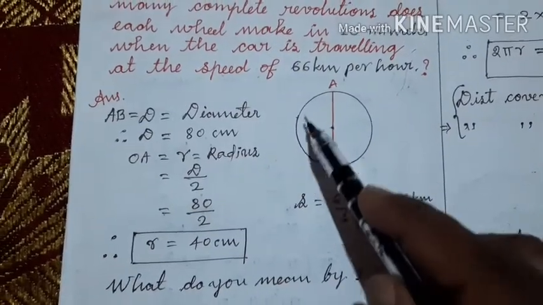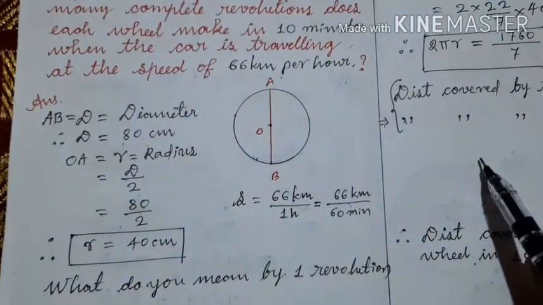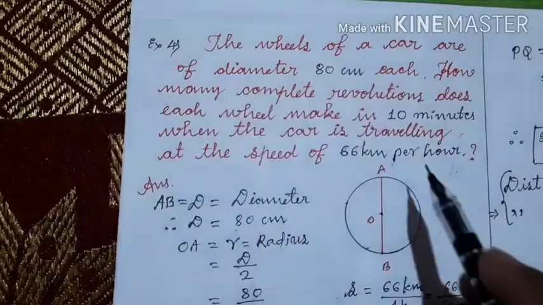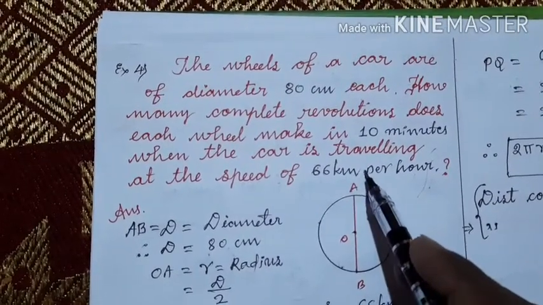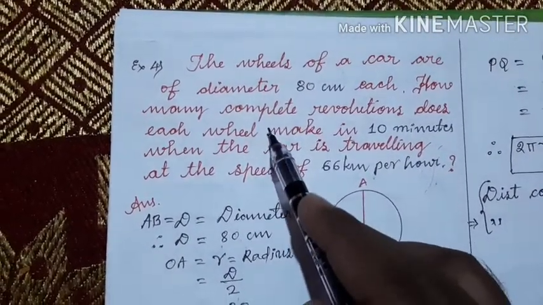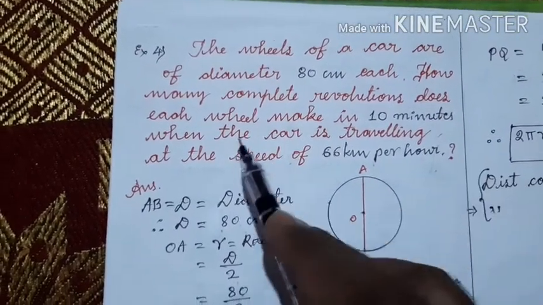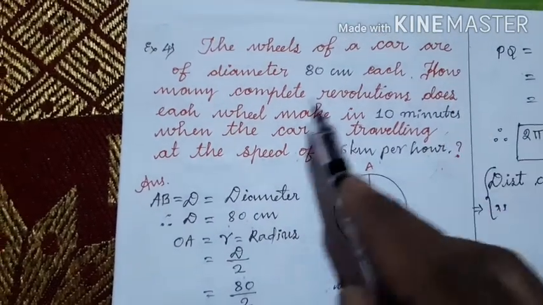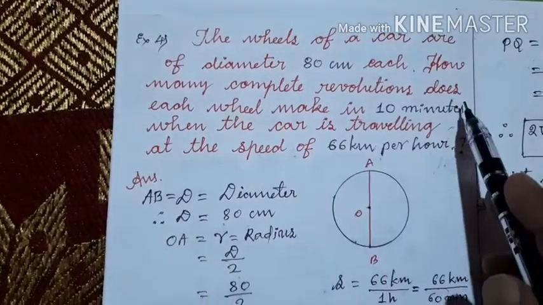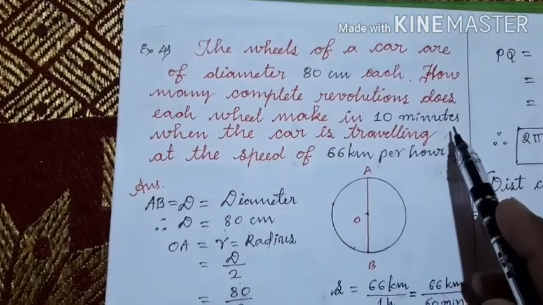Okay, when the wheel makes one revolution, that time it moves some distance. Okay, here we have to calculate the complete revolutions made by the wheel in 10 minutes. Okay, means how many complete revolutions does each wheel make in 10 minutes we have to find.